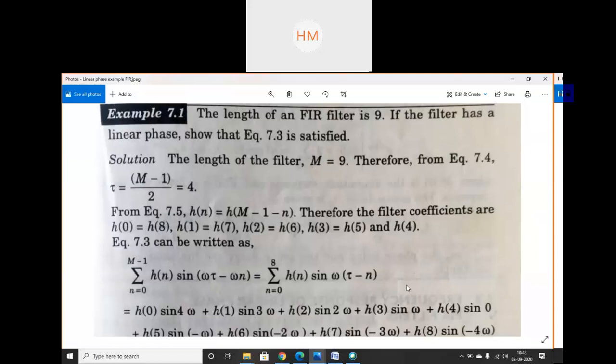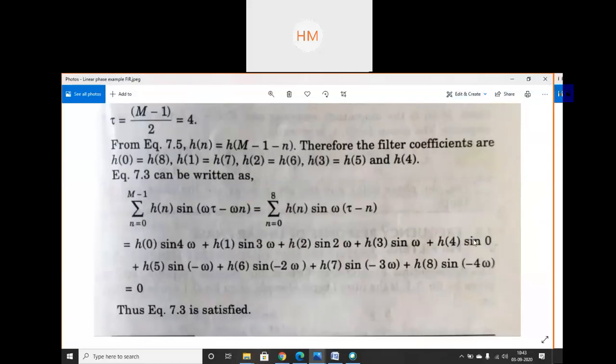Got this question? What summation answer are you getting? 0 value, very good. Yes, all are getting 0. Thus, the above equation is satisfied.